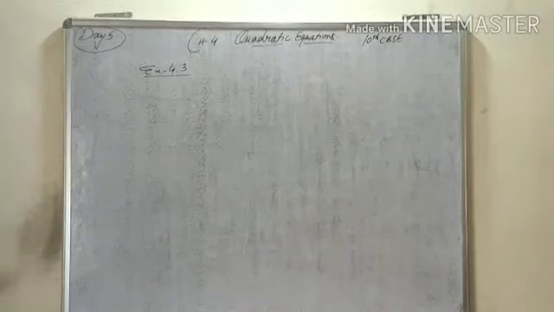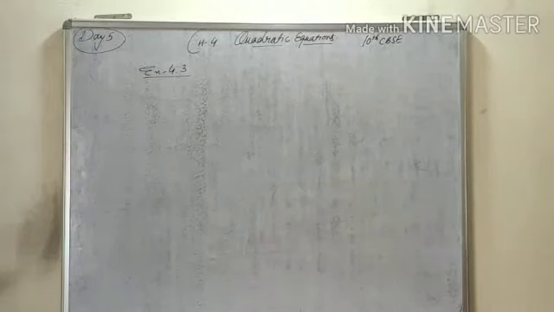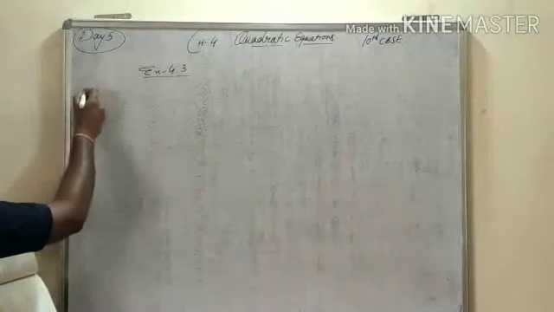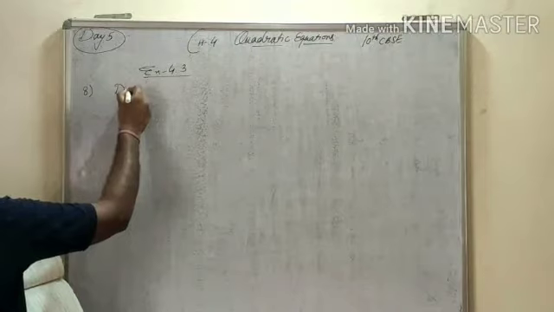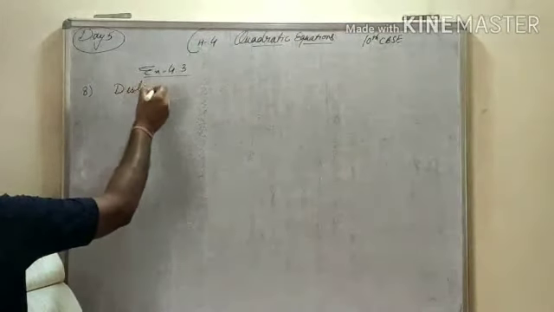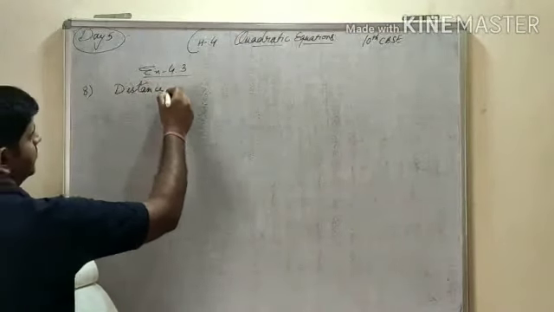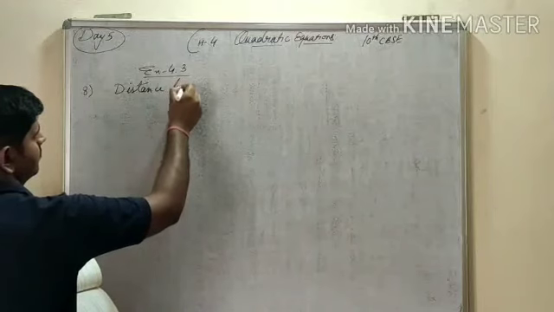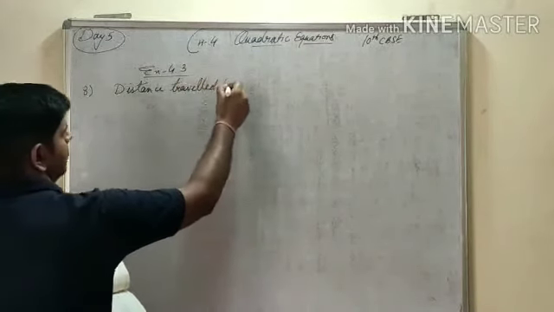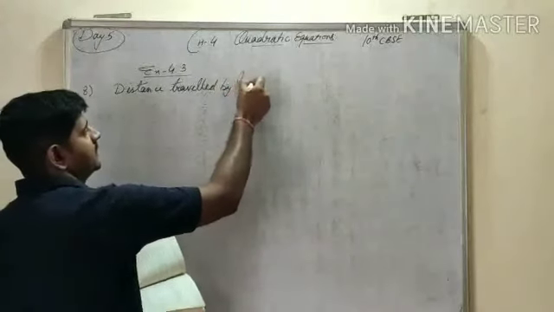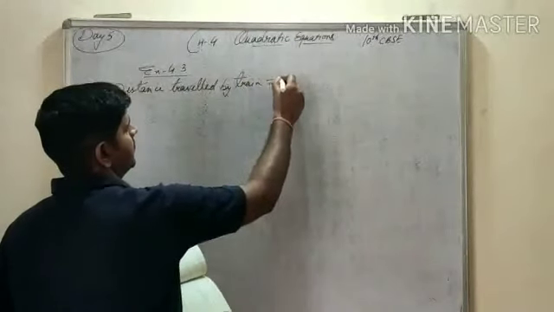A train travels 360 km at a uniform speed. So in the 8th question, the distance traveled by the train is given as 360 km.